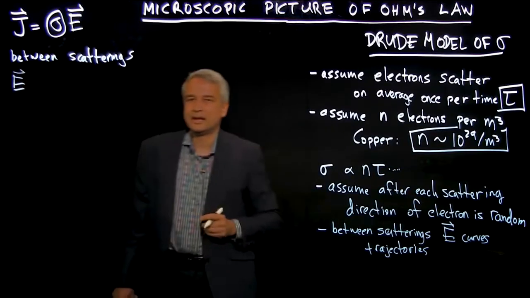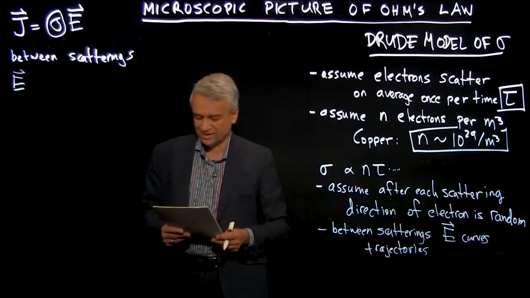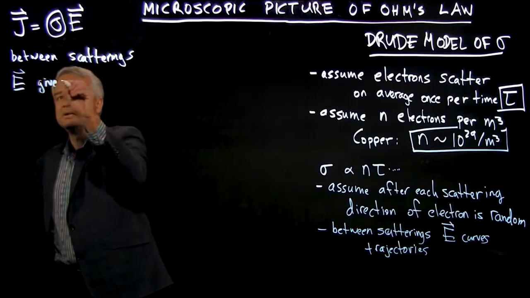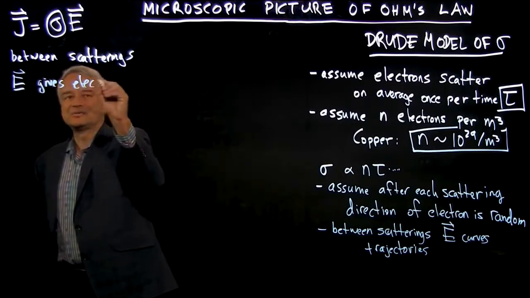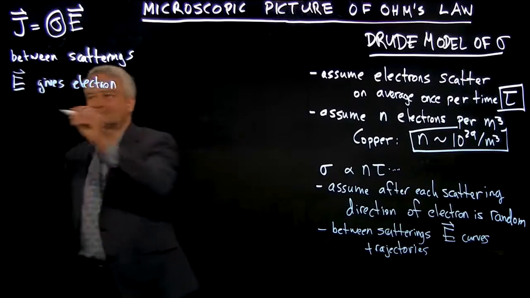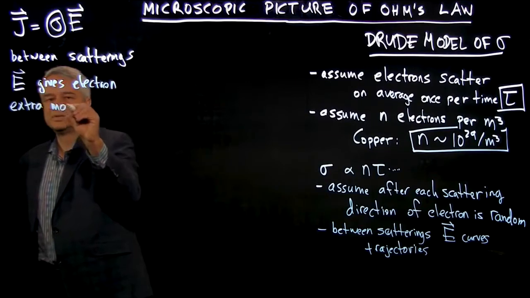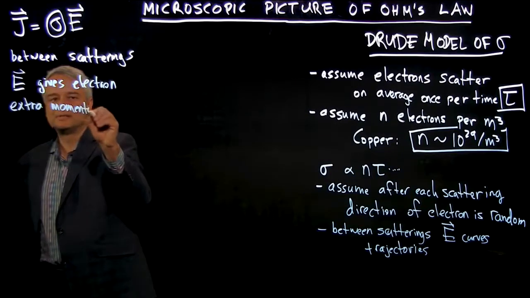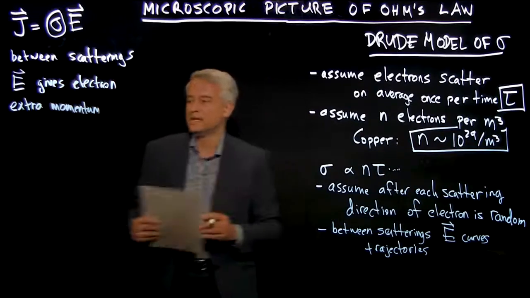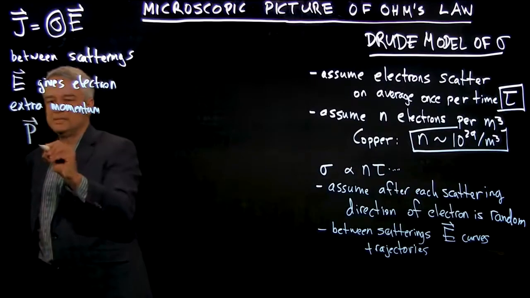And the way I'm going to make that quantitative, instead of describing it in terms of a curvature of a trajectory, I'm going to say that the electric field gives each electron a little bit of extra momentum. That extra momentum is called the drift momentum. It's the extra momentum that comes from the push that the electric field applies, which curves the trajectory. And that extra momentum we're going to call P drift.